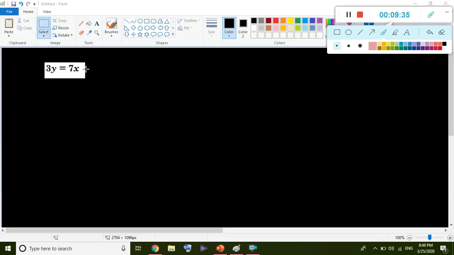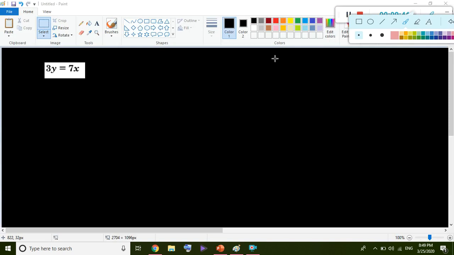Okay, so we have to find if y varies directly with x or not. So first of all, we have to remember that the original equation has to be y equals kx. So we're going to check this equation: if we leave y alone and move everything away, will it be this form or not? This is the way to find if y varies with x using equations.